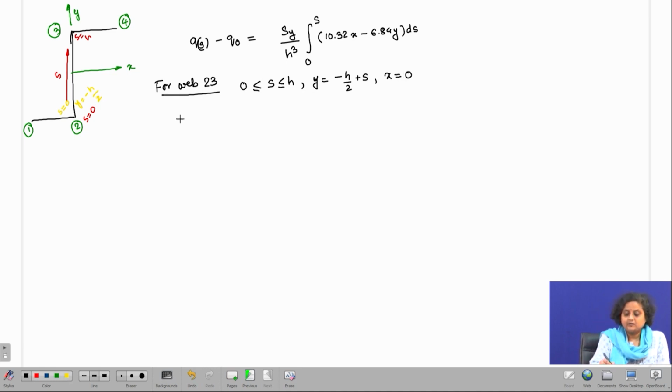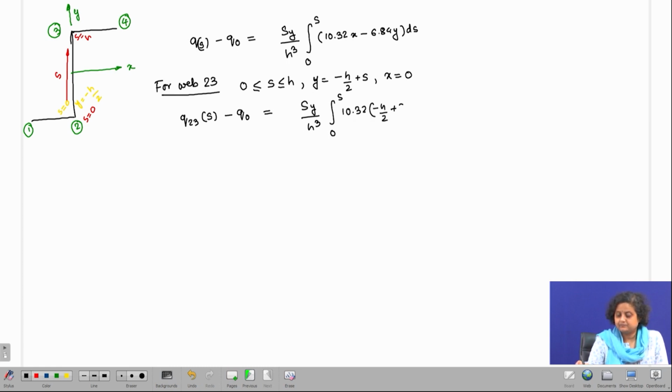Therefore, we can write Q23 of S minus Q0 is going to be Sy by H cube integral 0 to S of 10.32. Now, what is Q0 here?